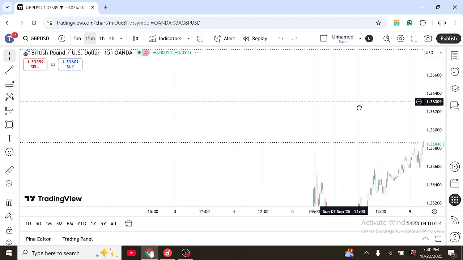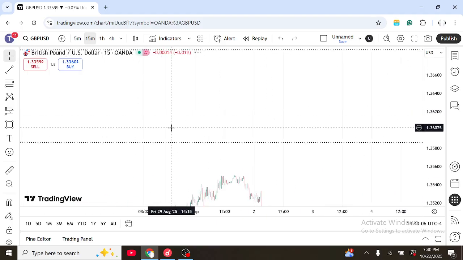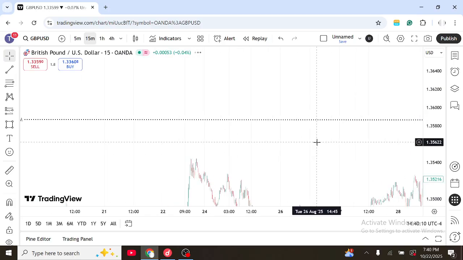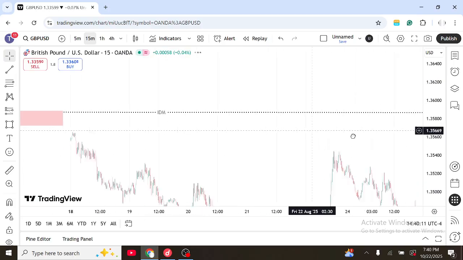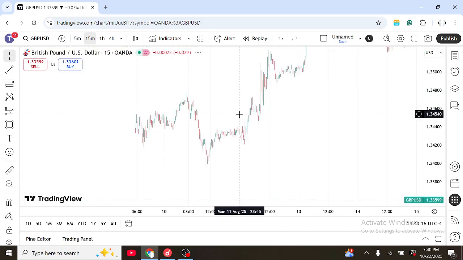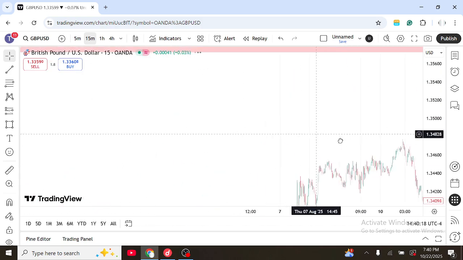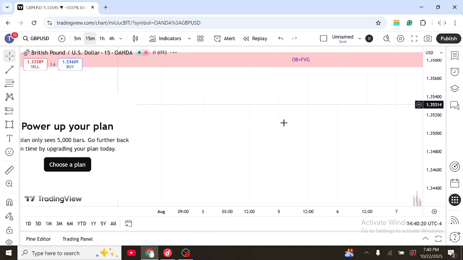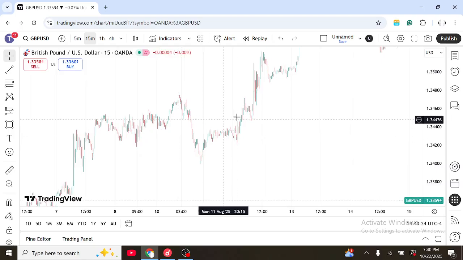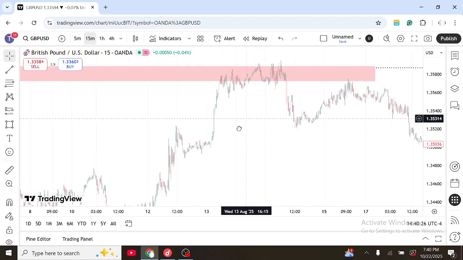So when price pushes to the downside to create the inducement, it is going to push up to take out the inducement that it created, and that is what is happening here. It created the inducement, and then it's pushing up.